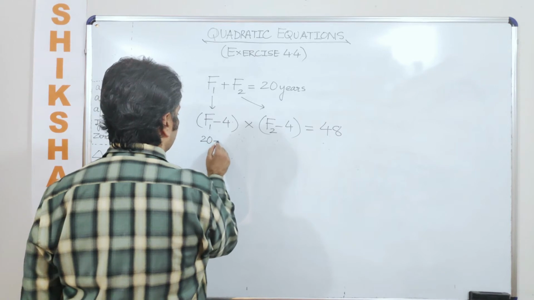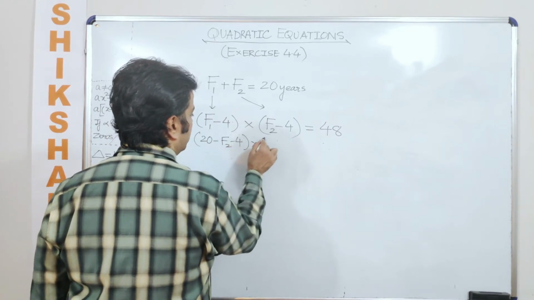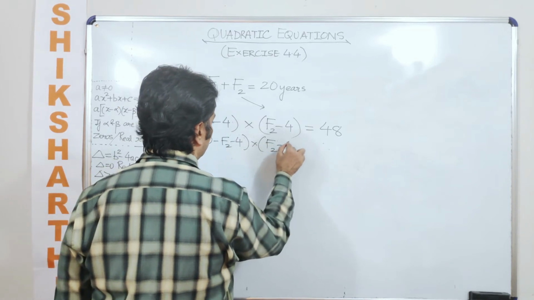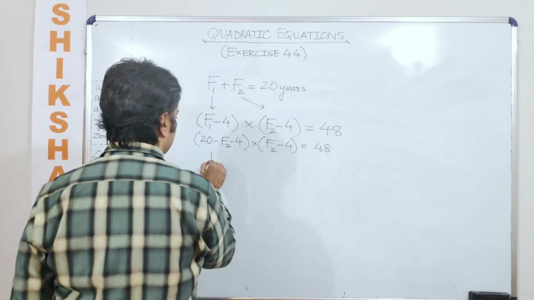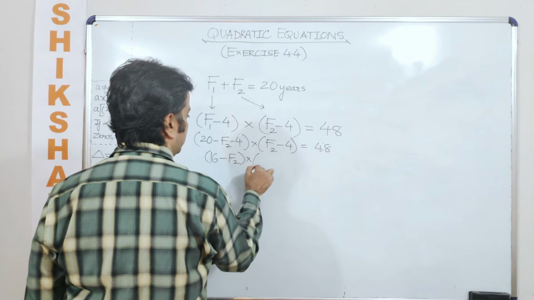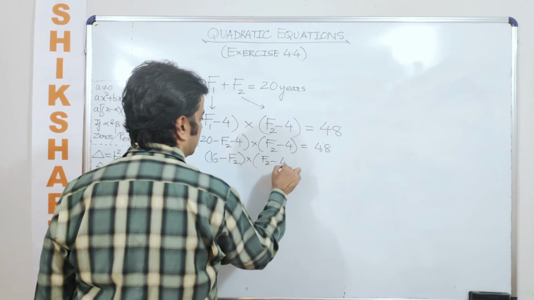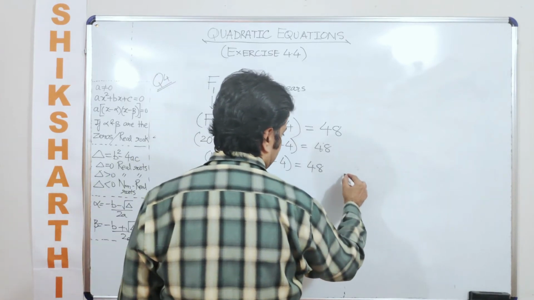So 20 minus F2 minus 4 into F2 minus 4 is equal to 48, which is just like saying 16 minus F2 into F2 minus 4 is equal to 48.